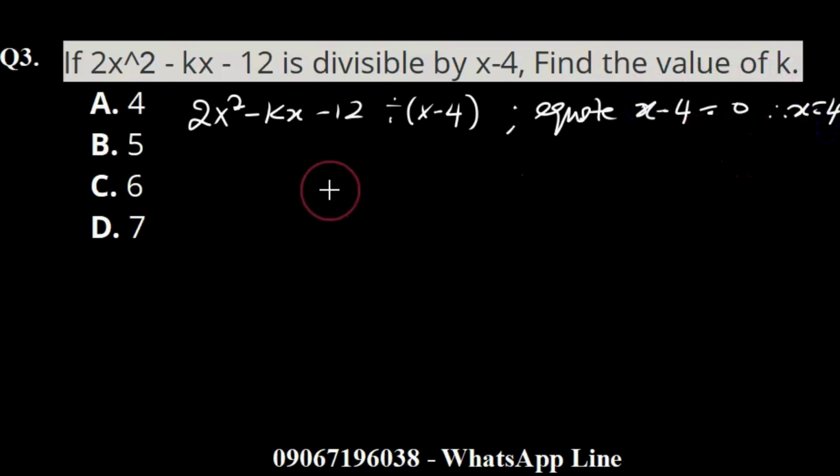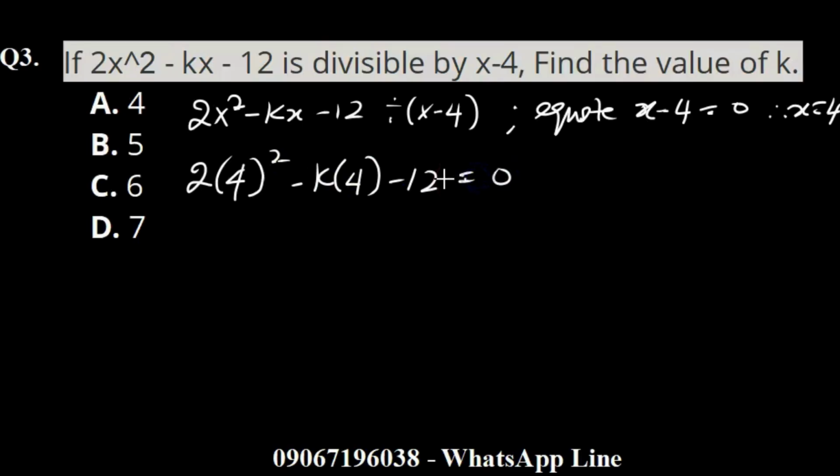So since x is equal to 4, we substitute the value of x equals 4 into this equation, and we set everything to 0. So this is going to become 2 into 4 square minus k into 4 minus 12 is equal to 0. Okay, so now you can see here that 4 square is 16, and 16 times 2 is 32.